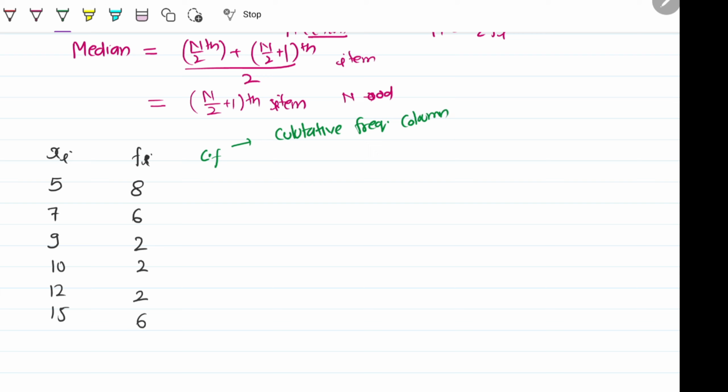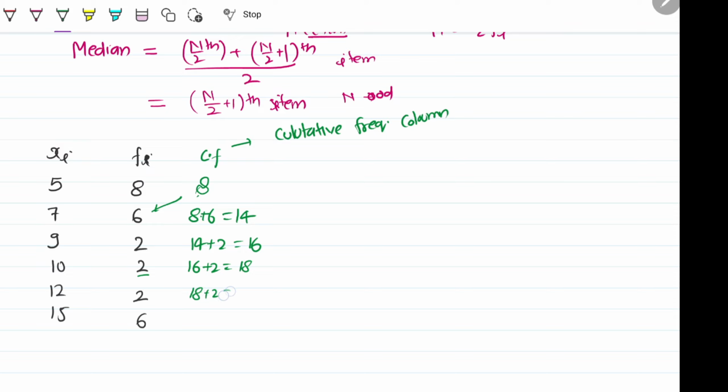So how to write the cumulative frequency? Do you remember? First frequency as it is, then next is 8 plus 6, which is 14. Then 14 plus 2 is 16. Next, 16 plus 2 is 18.